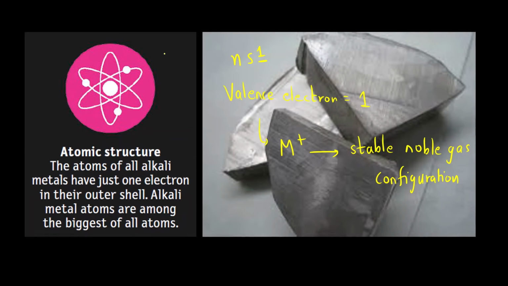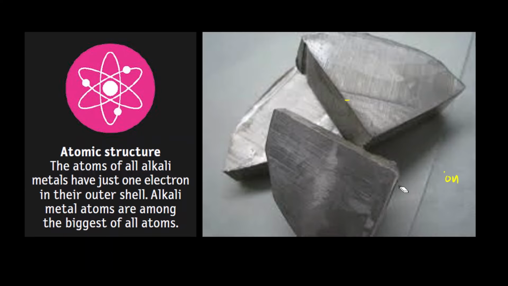Okay. So this is how an alkali metal looks. Normally they are shiny and lustrous. Lustrous means they are shiny in nature, but here you can see there is a slightly tarnished color. That is, they are not as shiny as we will see in the next slide. Why?